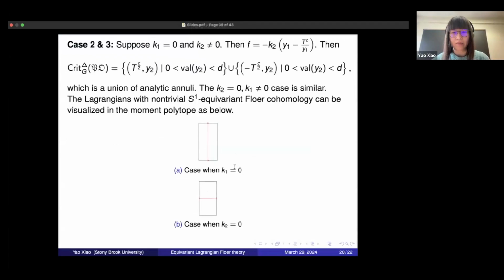And similarly, if you embed it in other ways, then you get these pictures. The rigid space in this case would be a union of two analytic annuli, and similarly here.